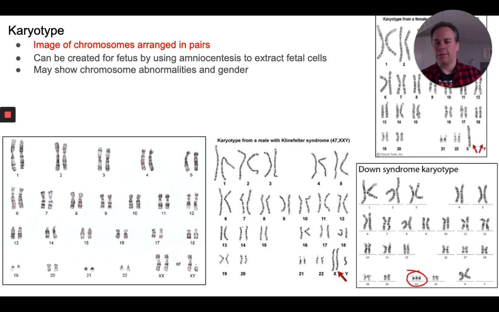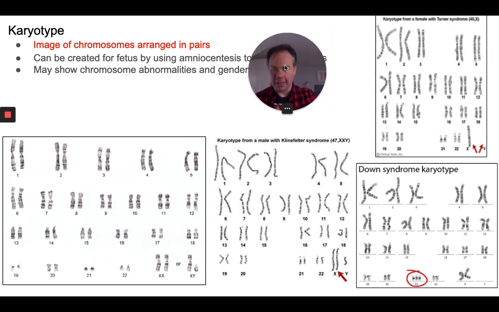You can tell if there are any chromosome abnormalities and so forth. So here you have some examples. Nowadays it's done using a computer, but here we see, for example, this is a man with Klinefelter syndrome having that extra X chromosome. Okay.